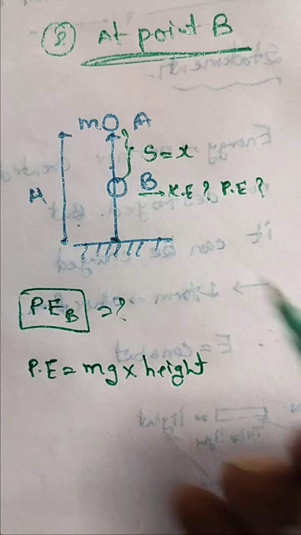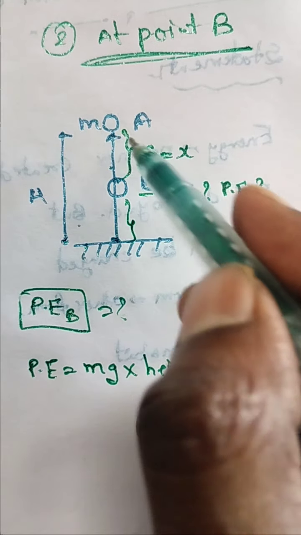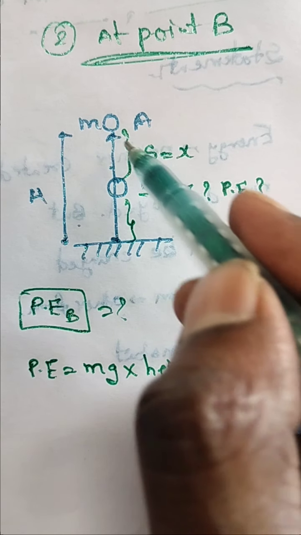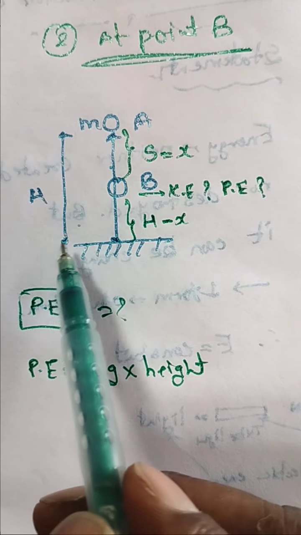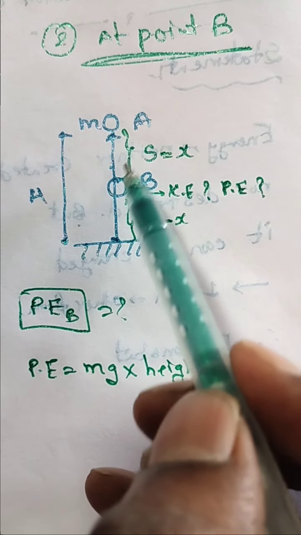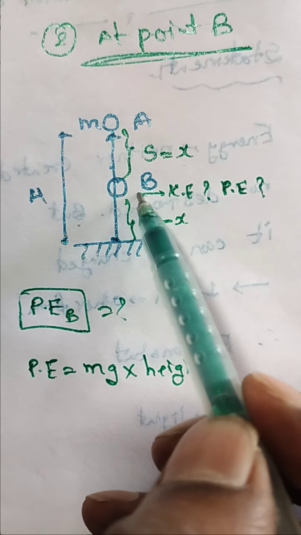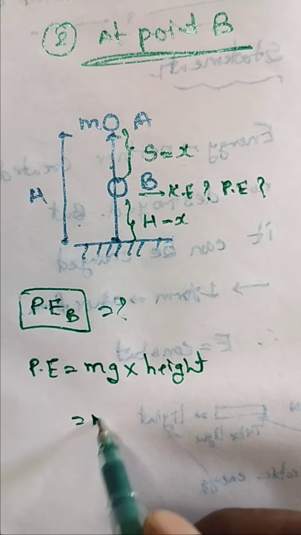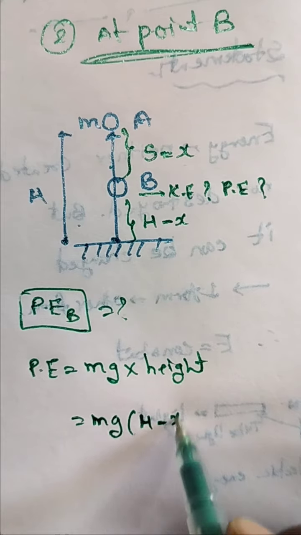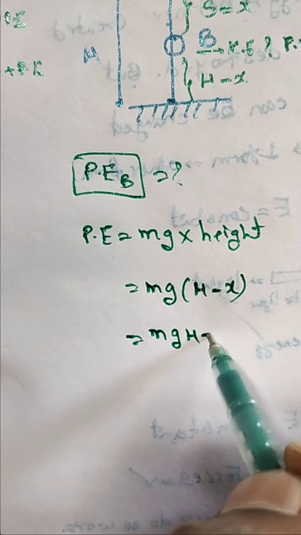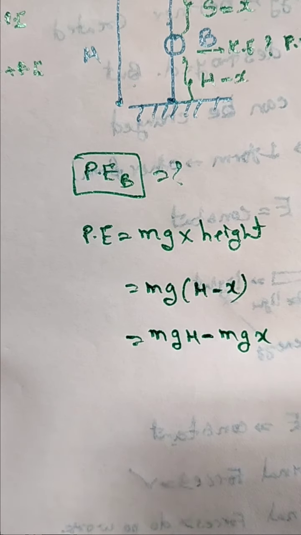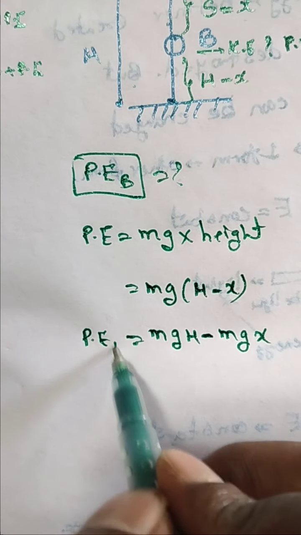The distance traveled is s equal to x, so what is the remaining height? The total height is H, so the height at point B is H minus x. So the potential energy is mg into (H minus x), which is mgH minus mgx. This is the potential energy at point B.